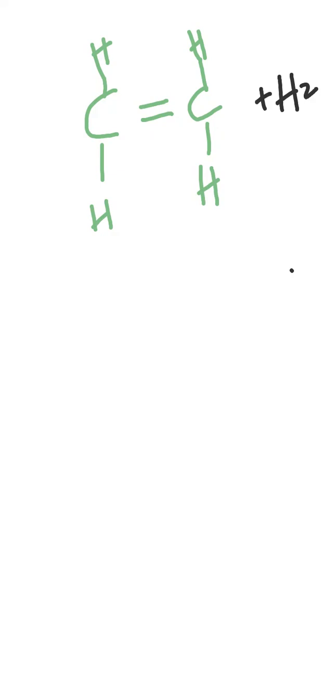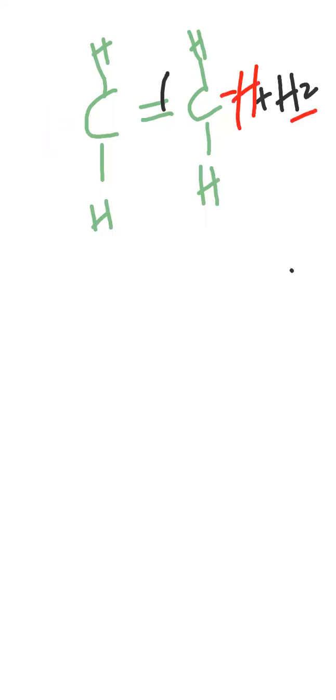Due to the pressure, the double bond will break. There is no substitution. When I add hydrogen gas into the alkene, the double bond will break, so both the carbons will have one bond free. Hydrogen gas has two hydrogens, so one will be here and one will be here.